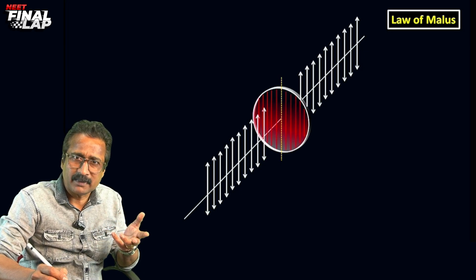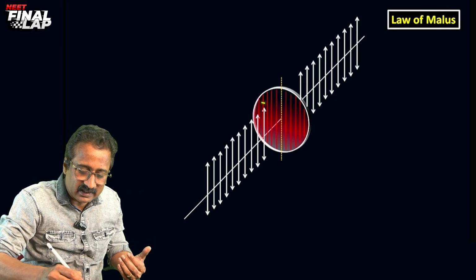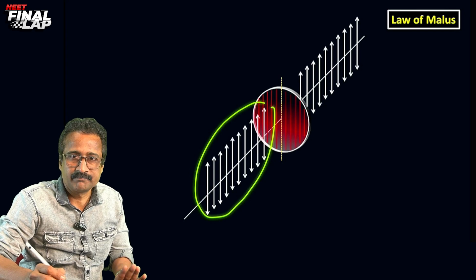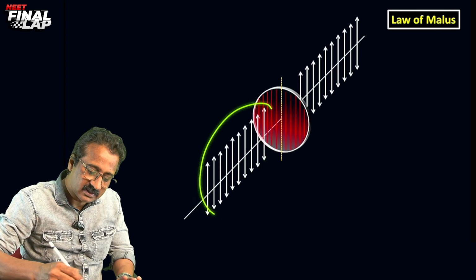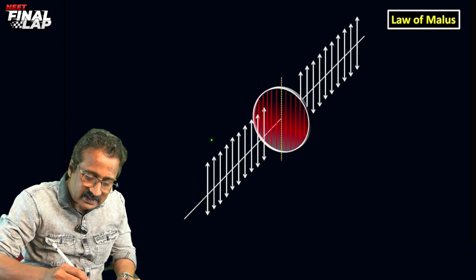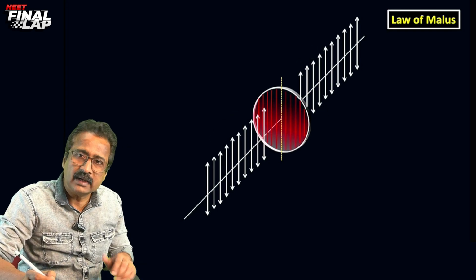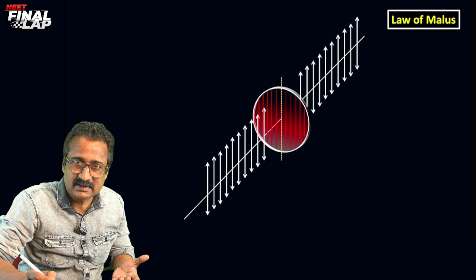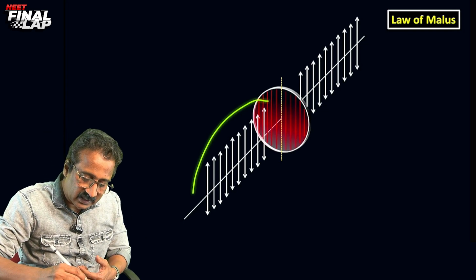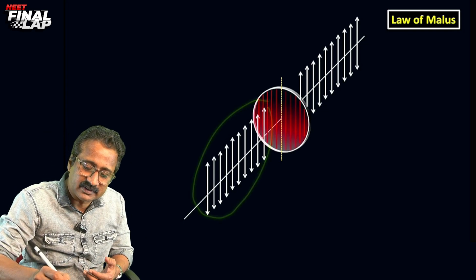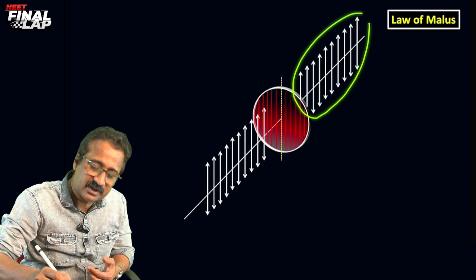Possibly that's light passing through another Polaroid. Forget about how this light became polarized. Just imagine that this light itself is polarized. So polarized light is passing through a Polaroid. And you will see here that on the other side also it is polarized light. Because the incident light and the transmitted light both have vibrations in one direction.